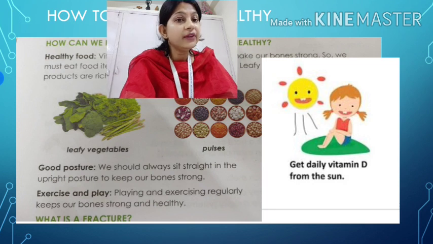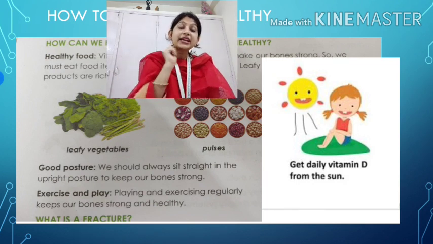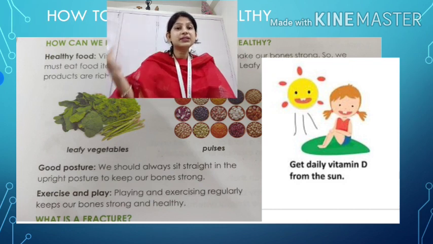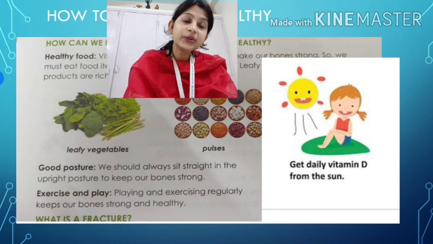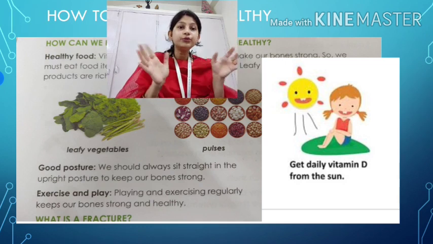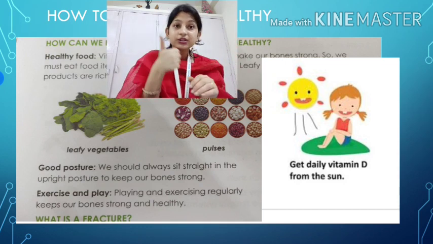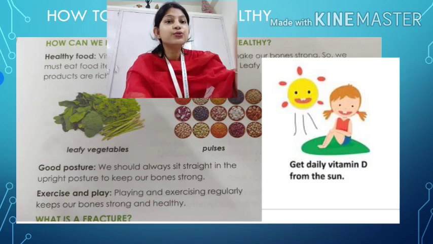So daily we should have exposure. So how can we get vitamin D? Through exposing ourselves to the sun. That is the source of vitamin D. Other nutrients like calcium and minerals you can get from food, but for vitamin D, the source is sunlight. So you should expose your body to natural sunlight.